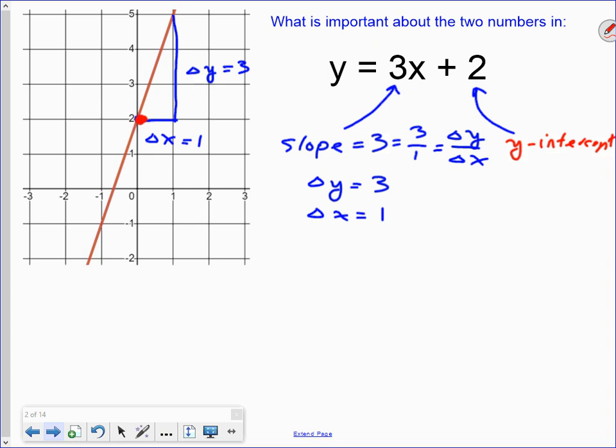Okay? So because this form of the equation tells you the slope and it tells you the y-intercept, we call this slope y-intercept form. Okay? Seems kind of obvious.